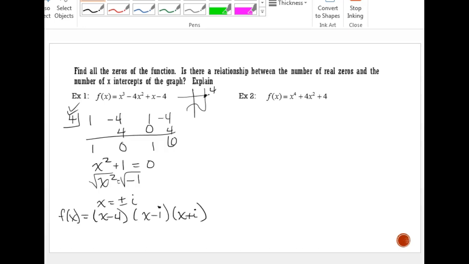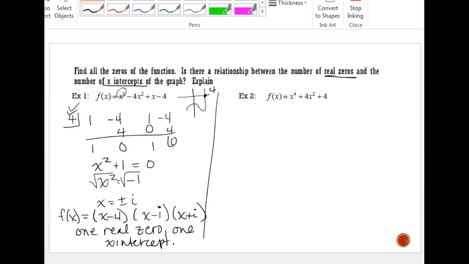All right, and then the question says, is there a relationship between the number of real zeros and the number of x-intercepts? Well, I have one real zero, and I only had one x-intercept. So that's our relationship. Now, remember the power right here is a 3. That means I should have 3 zeros. I have 1, 2, 3 zeros. We got it.